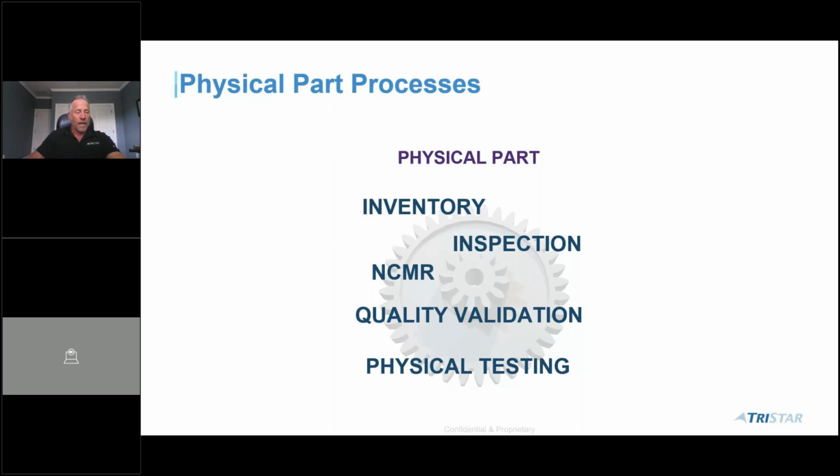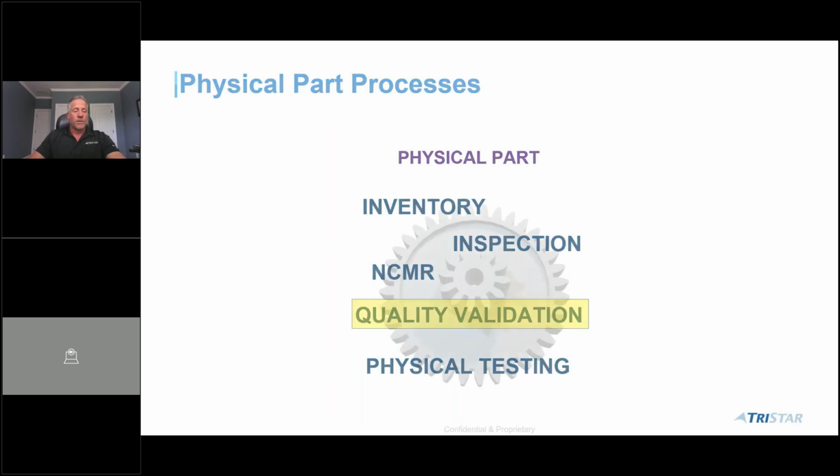One we'll focus on today is quality validation. And so if you're going to connect other things like inspection or have another application to do inventory inspection or NCMR, they need to be connected back to Windchill to do closed loop processes. Okay. And so in future webinars and white papers, we'll explain some of these other items like inspection, what we're doing to help connect that data to Windchill.